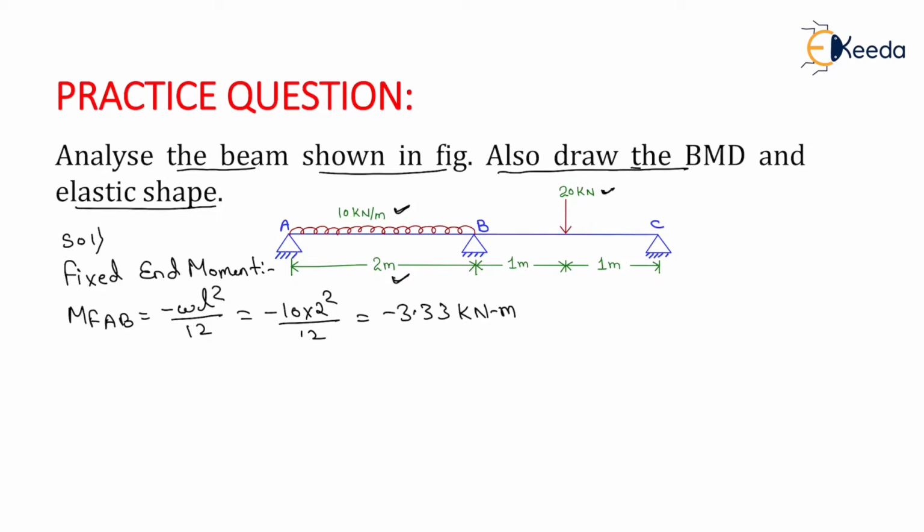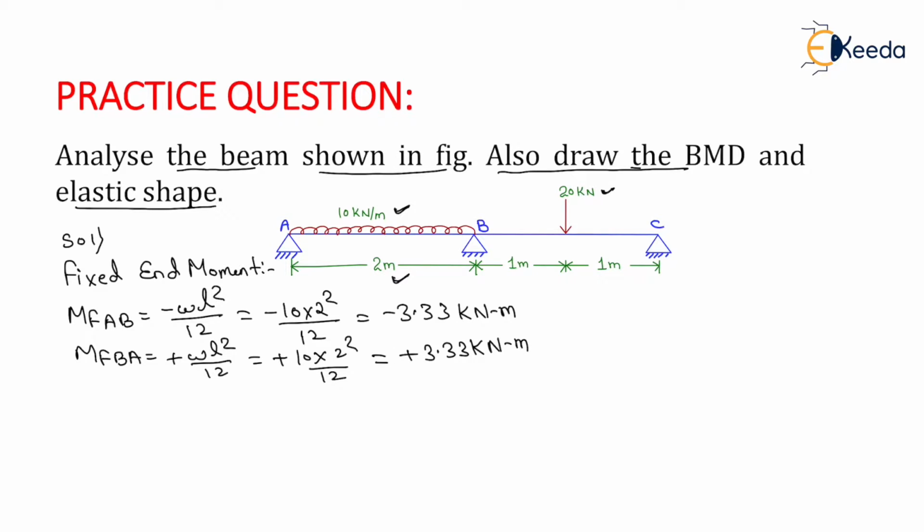Similarly, we can determine the fixed end moment of BA, which will be equal to plus WL square by 12. On putting all the values, we get plus 10 into 2 square divided by 12, which is plus 3.33 kilonewton meter.